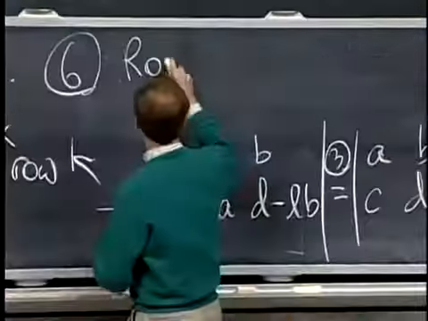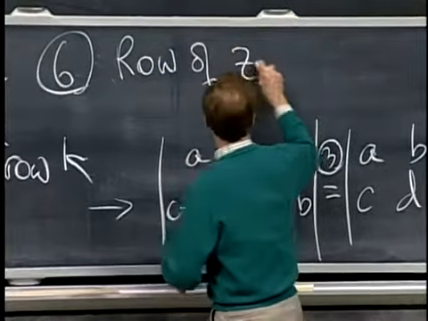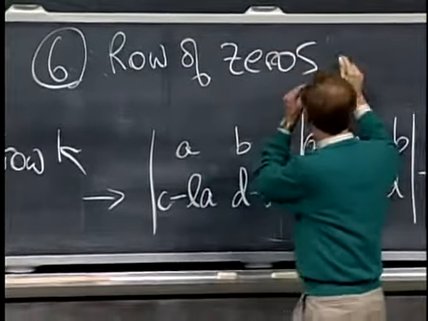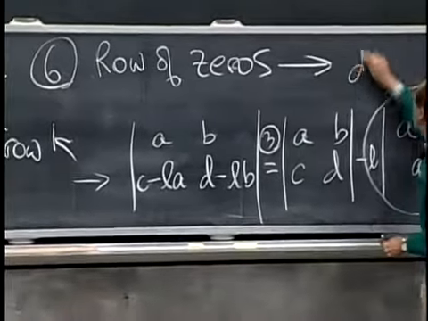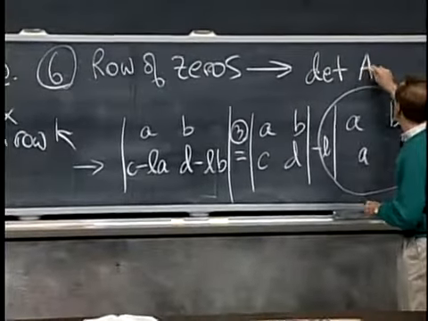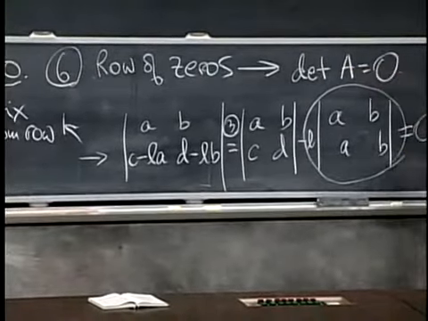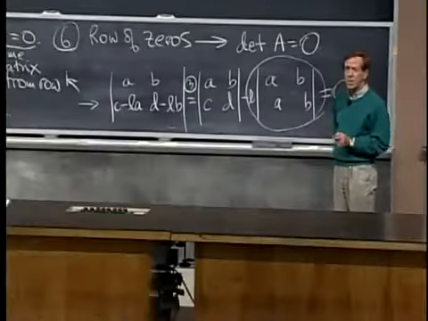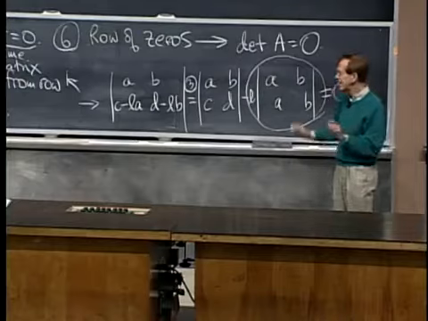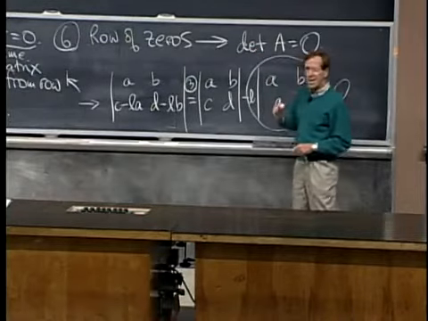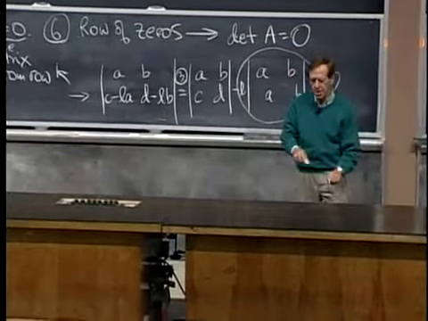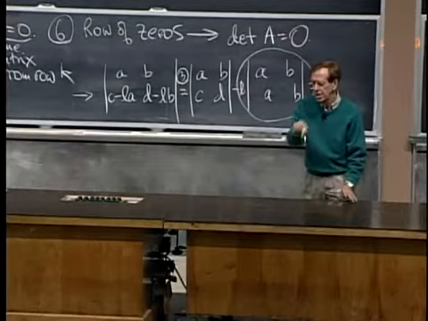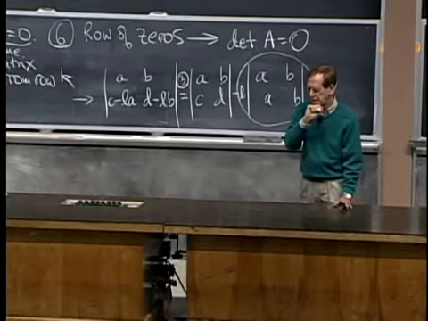A row of zeros leads to determinant of A equals 0. A complete row of zeros. This is something that I'll use in the singular case. Actually, you can look ahead to why I need these properties.